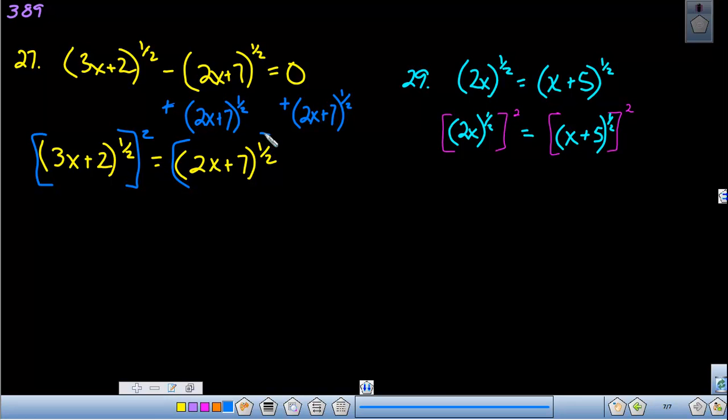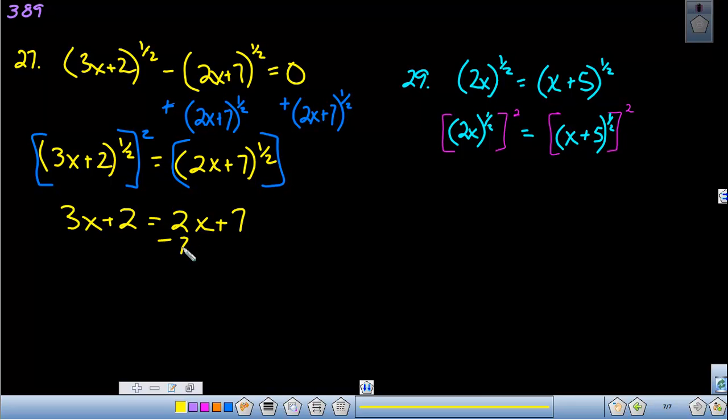And when you do, the rational exponents disappear, and you're left with a very simple 3x plus 2 is equal to 2x plus 7. And now again, we can very quickly pull our x's over to the left and our constants over to the right, and that gives me x. These disappear, which is what I'd like for them to do, and I get 5.